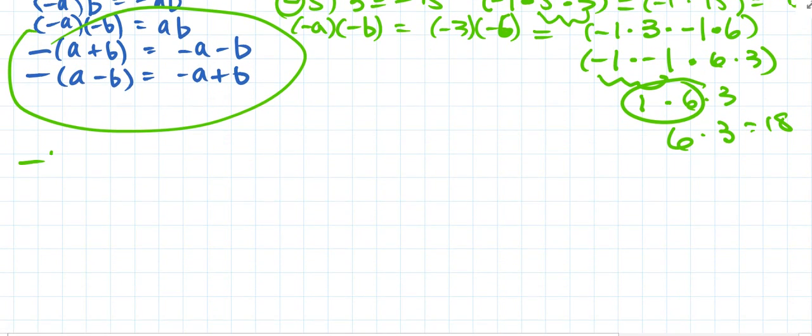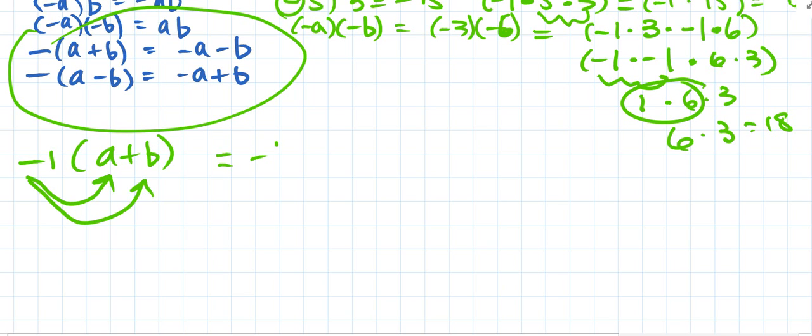Now, this here is the distributive property in action. If you have a negative 1 times a plus b, you distribute the negative to the a, and you distribute the negative to the b. So if we plug in the numbers, let's say 3 plus 5. There are two ways of going about this problem. We could add 3 plus 5 immediately, and we would get 8.